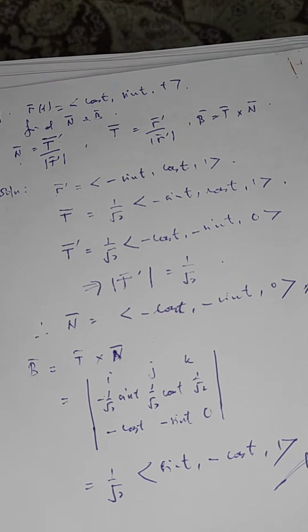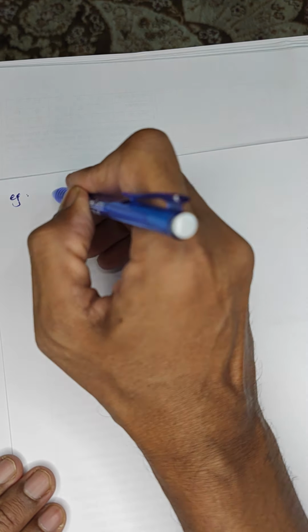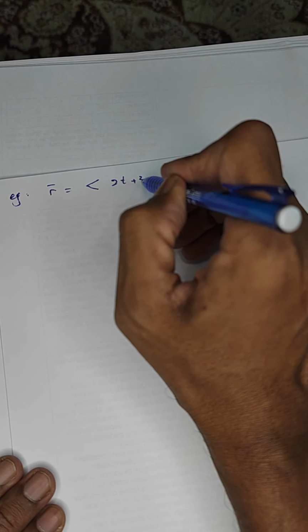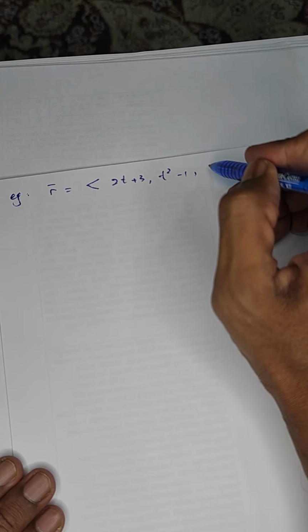Now, if the function is given in terms of t, it might be not difficult, because it just involves a square root. Okay, for example, let me consider this. Given r equals 2t, t squared minus 1, just 2 dimensions.